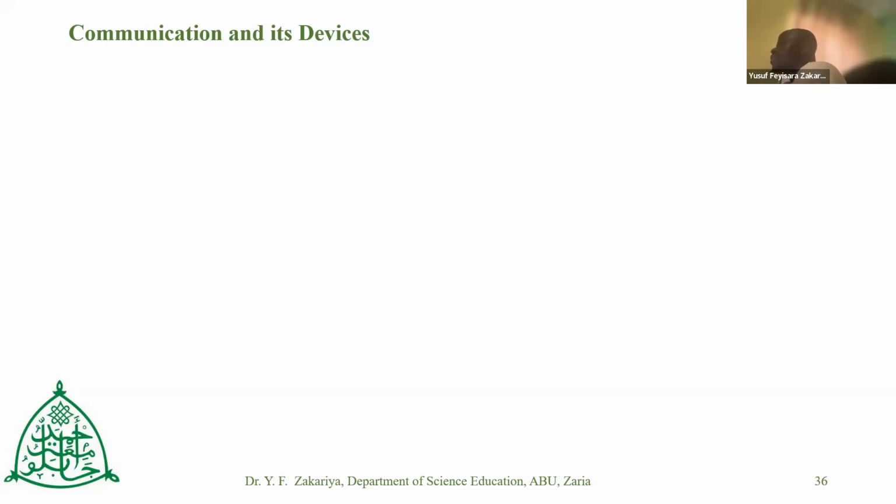Good morning, sir. Yes, good morning. So, the difference between communication satellites and radar communication: the communication satellite is used for telecommunications, for weather forecasting, and for radio and TV broadcast, while radar communication is used for scanning and detecting the presence of objects like ships and planes, sir, basically.